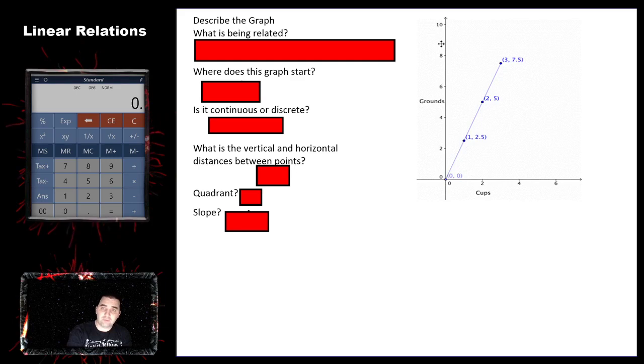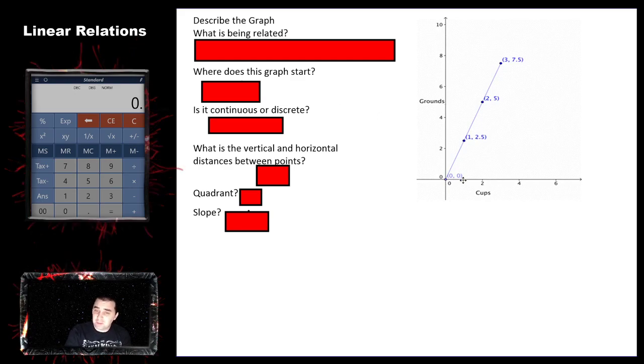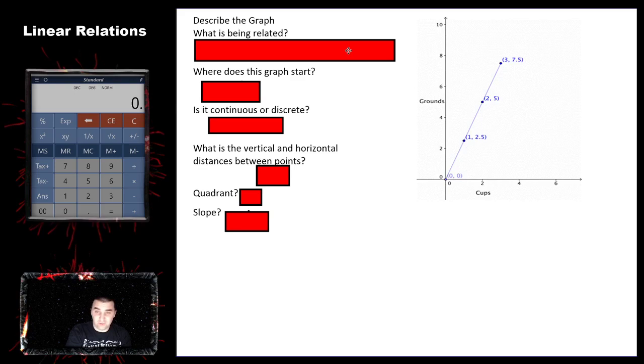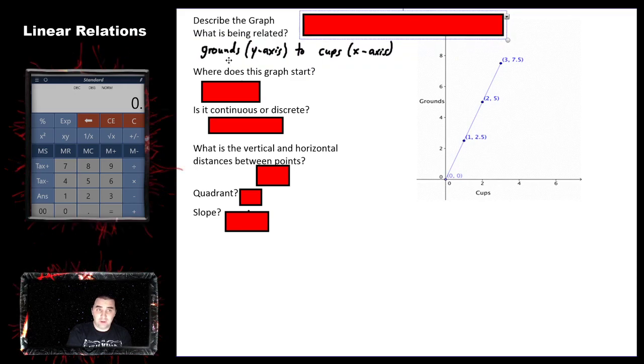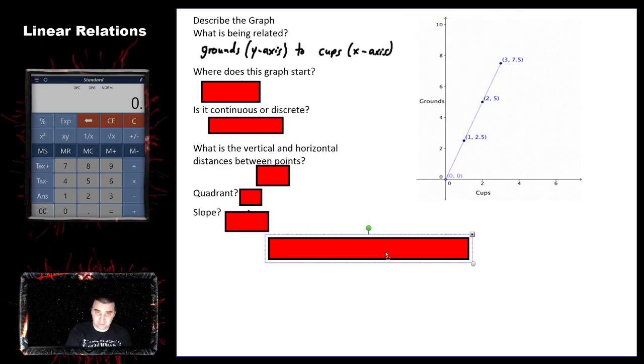So what is being related? I don't really know what this is really showing. Grounds, cups, coffee maybe? I don't really know. Grounds and cups. Okay. Whatever it is. But anyway, we have y-axis, which is grounds, and that is related to the cups along the x-axis.